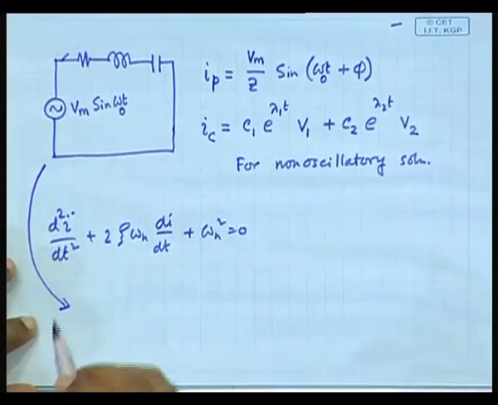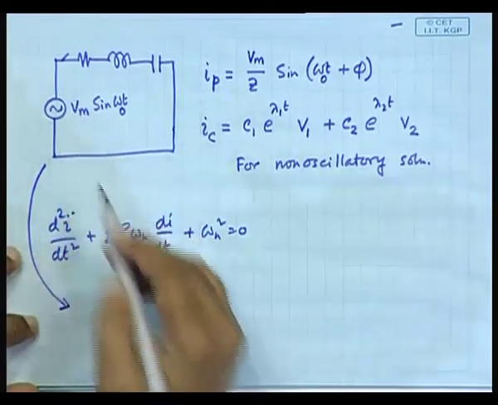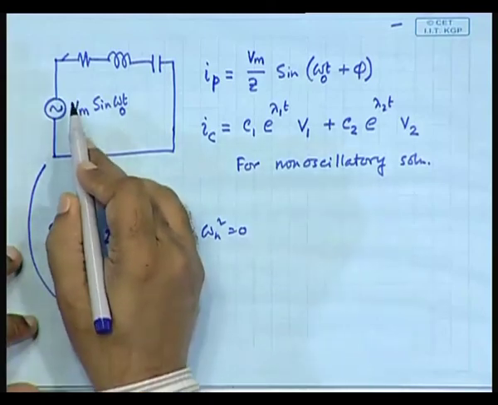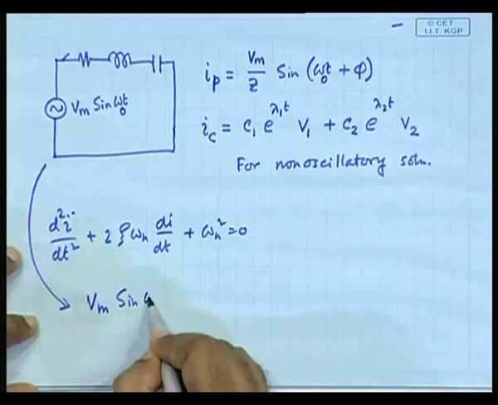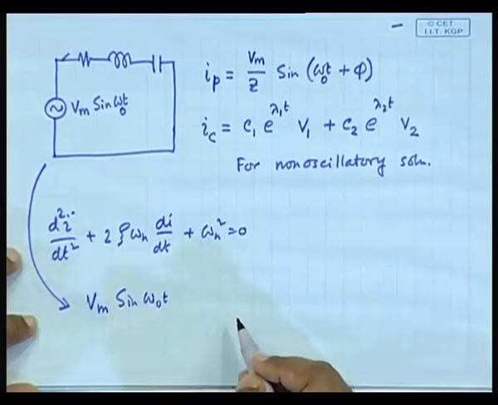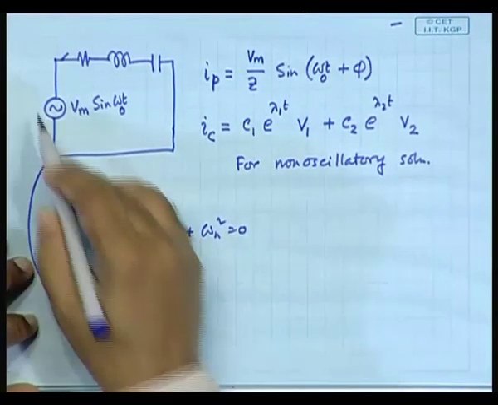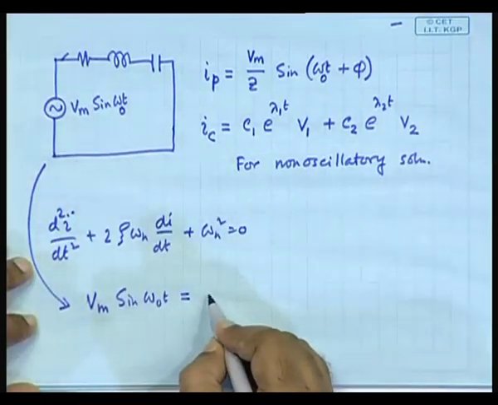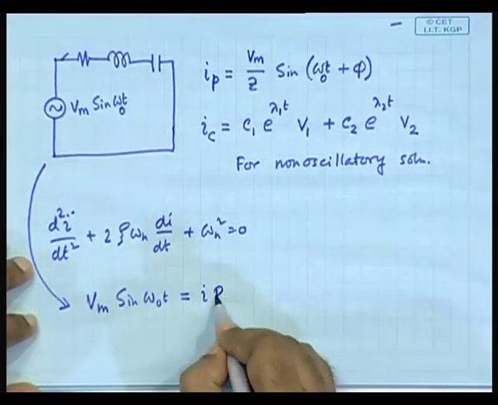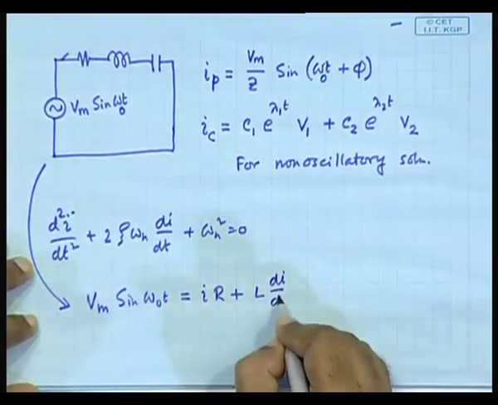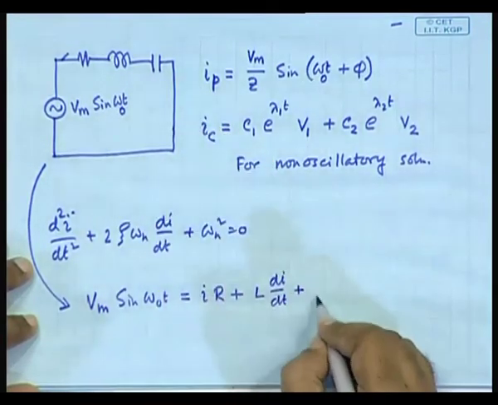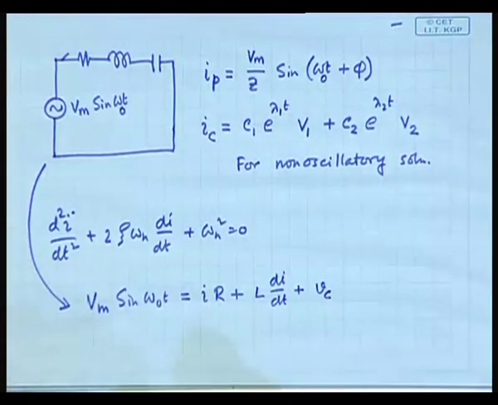From here you have this voltage V m sin omega naught t is equal to, first this drop, this is I r plus this L d I dt plus, fine, this was V c.